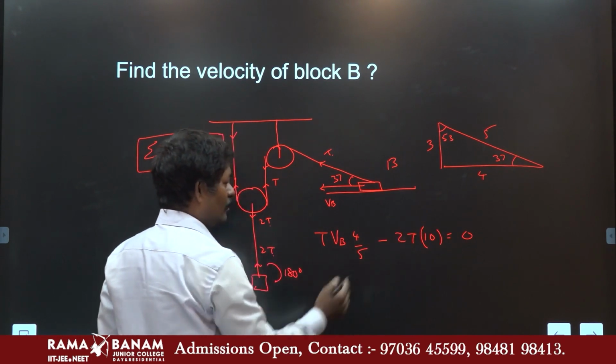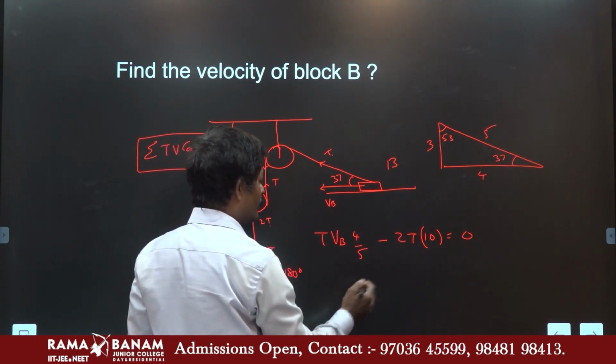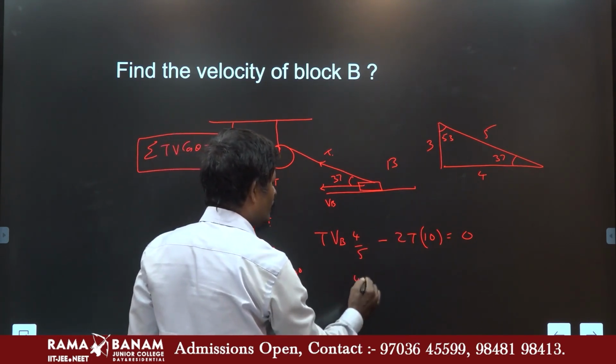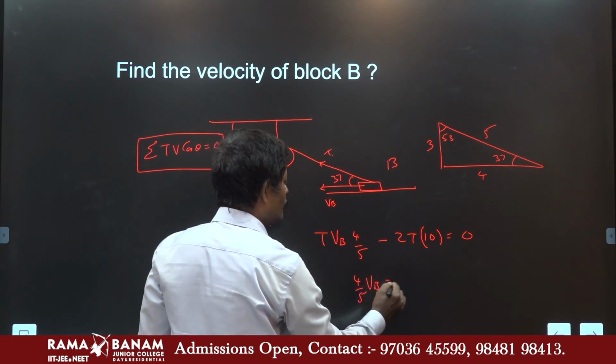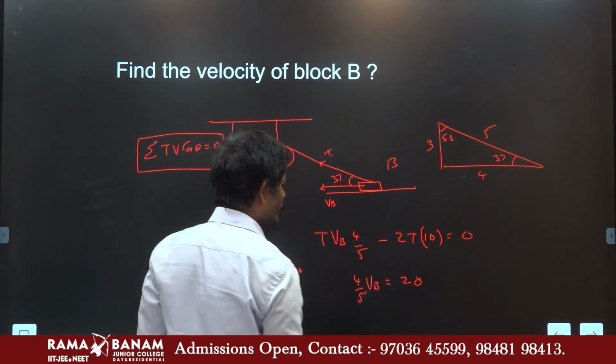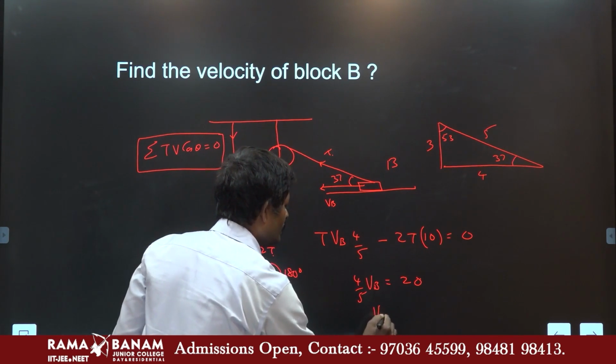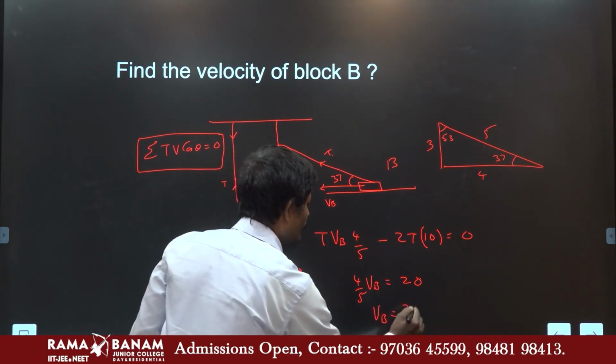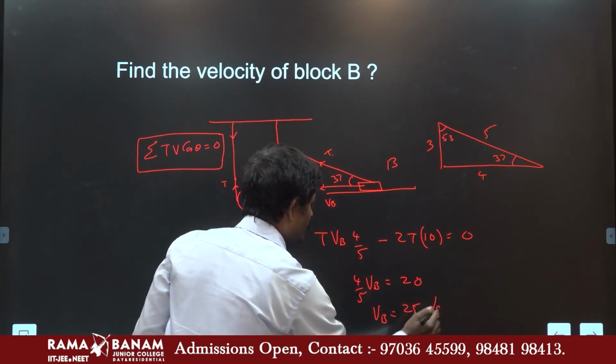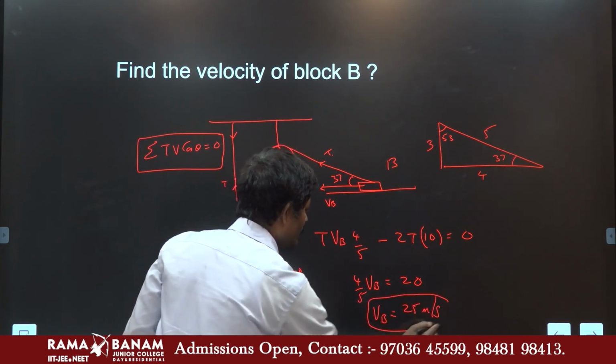T you can take out, T cannot be 0. 4 by 5 VB equal to 20. So VB is 25 meters per second. So we got the answer here.